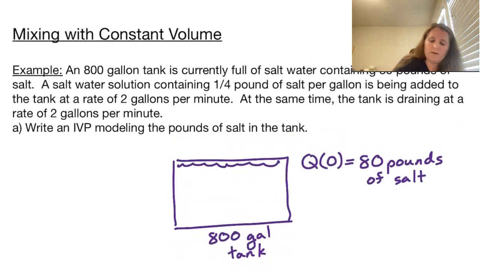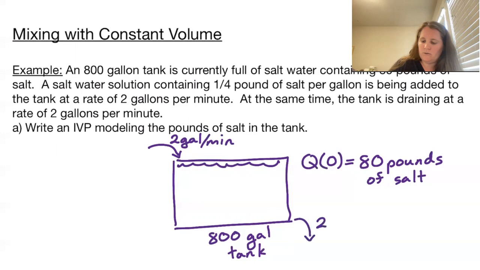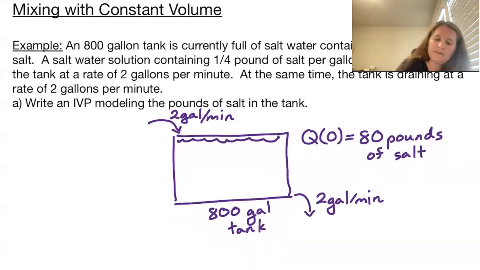We are pouring water in at 2 gallons per minute. And we are pouring water out at 2 gallons per minute. Since these match, the volume of the tank should remain constant at 800 gallons.